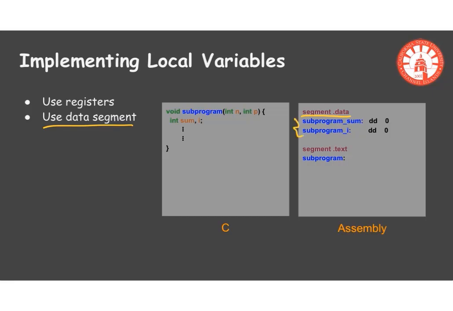So this is our C program, and this is the way that we do it in assembly. We have our subprogram, a sum value defined as a double word and initialized with 0, and we have our value i defined as a double word and again initialized with value 0. If you have some subprogram in C, we simply use integer, sum, and i to define a double word for each of these local variables.